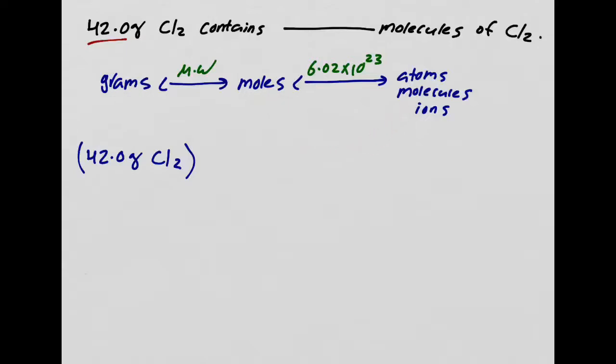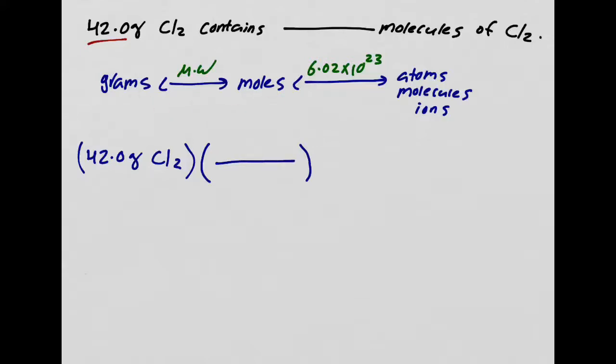You guys follow that? Okay. I have to go from grams to moles and then from moles to molecules. You can't just jump. Okay, we can do that. So I'm going to come over here. First, I have to go from grams to moles.